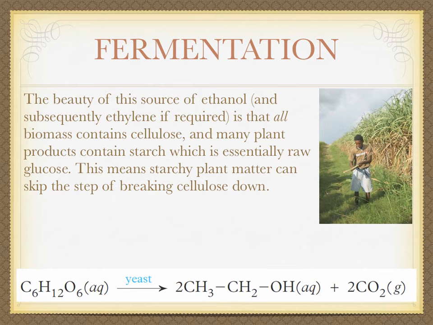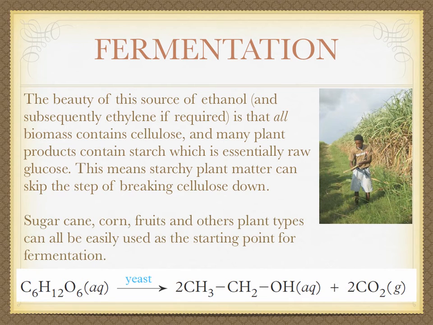For example, cornstarch, which is used in Brazil as the starting point for ethanol, enables the Brazilians to skip the step of breaking apart cellulose, which is costly and time consuming, and they can simply form a solution of cornstarch in the presence of yeast, which will then go and ferment.